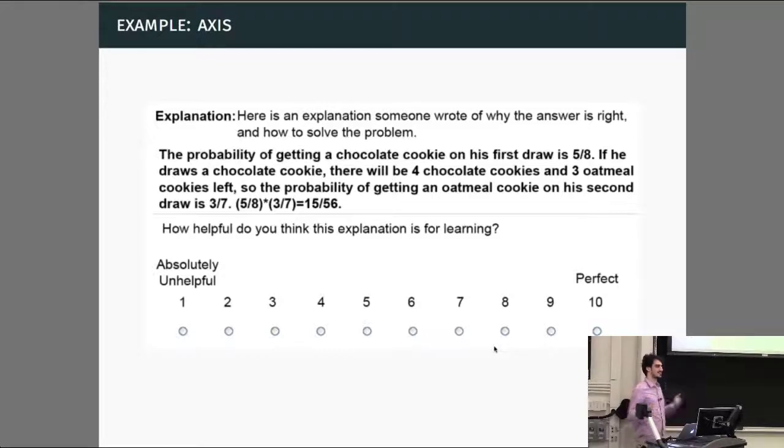So the number of successes you get is the rating that they gave, and the number of failures is 10 minus the rating they gave. Okay? So what does an alpha of 19 and a beta of 1 correspond to? We already have 19 positive rewards and 1 negative.